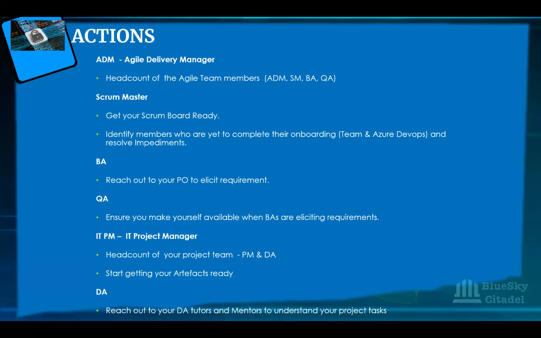The BAs, this is where you need to reach out to your product owner to elicit requirements. Okay, so in some agile teams out there, the BA can also be the product owner. So please note that.